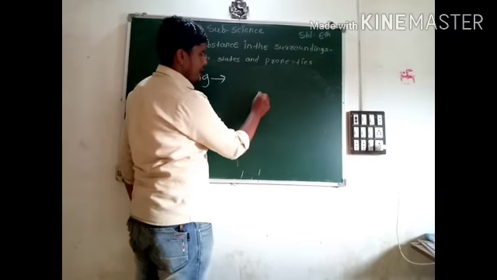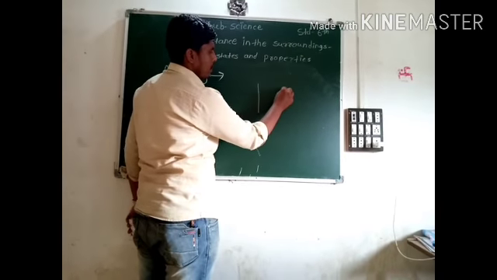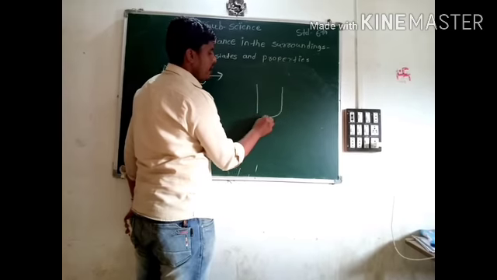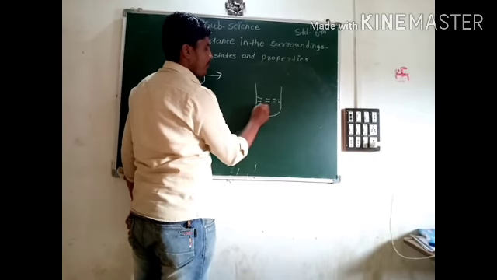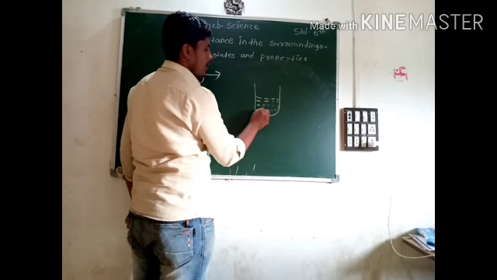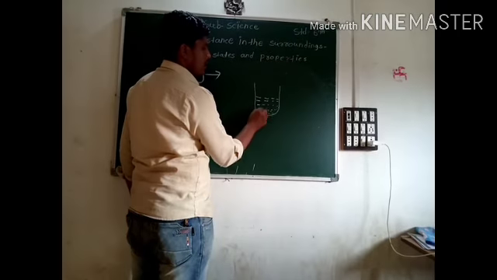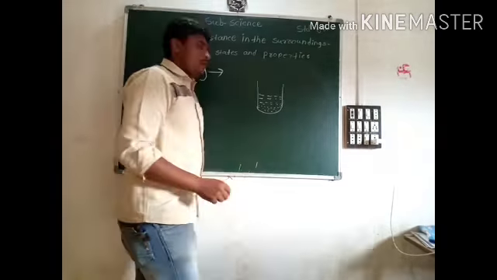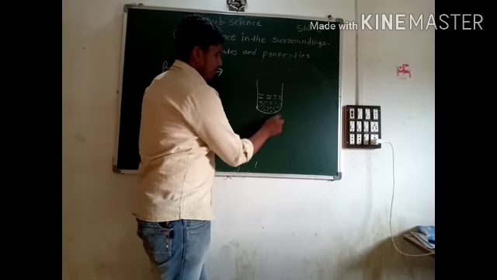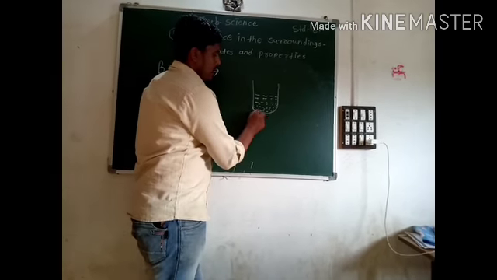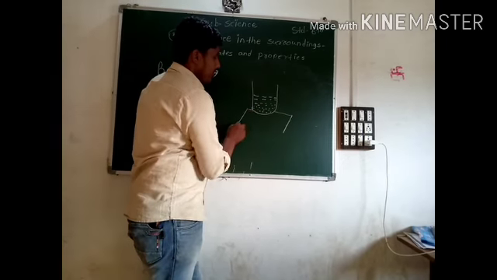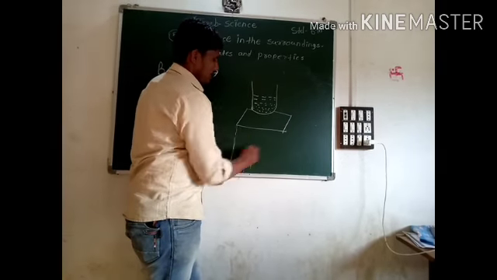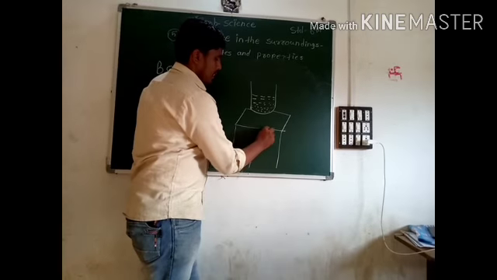Next explanation. See your diagram. First, use one beaker. In this beaker, add water, and this beaker is kept on the tripod stand.